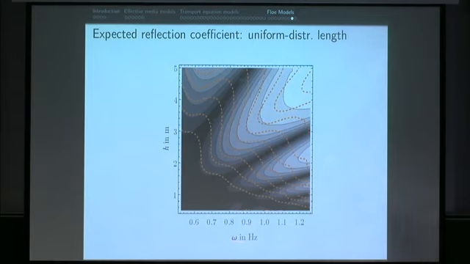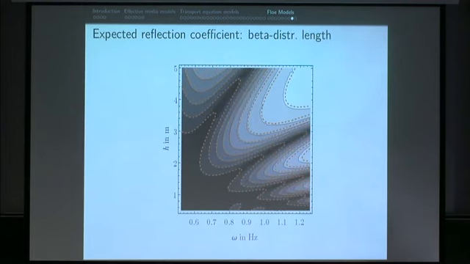What you see in the background is the reflection coefficient for a fixed flow, and overlaid to that you see these dashed lines indicating the contours of the expected reflection coefficient. And the interesting thing is that this expected reflection coefficient changes a lot depending on what distribution you use. So this is for a uniform distribution, this is for a beta distribution, and you can put in other distributions and get other results.